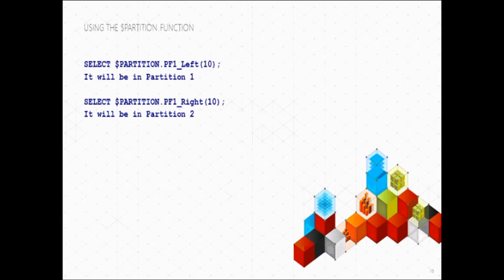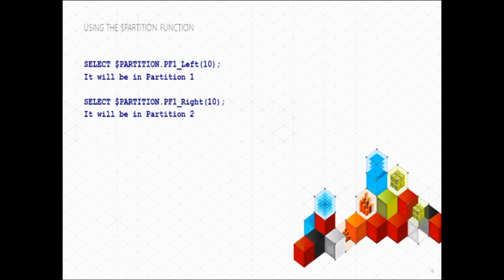So for the partition function, you can use $PARTITION. You can determine where a partition function will place values by using the $PARTITION system function. $PARTITION calls the user-defined partition function, where the partition function is passed the sample data value as an input parameter.